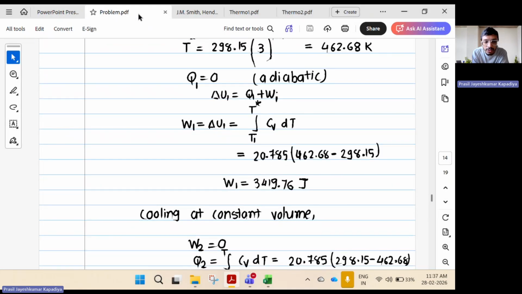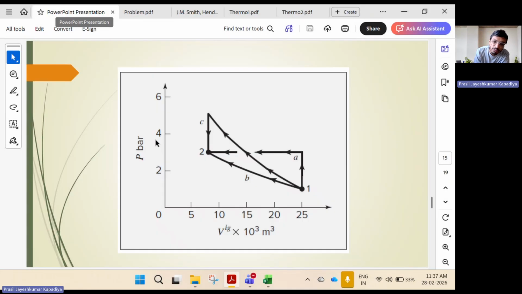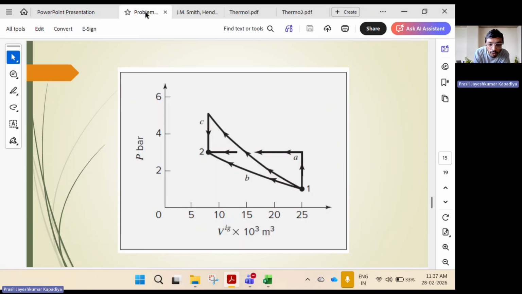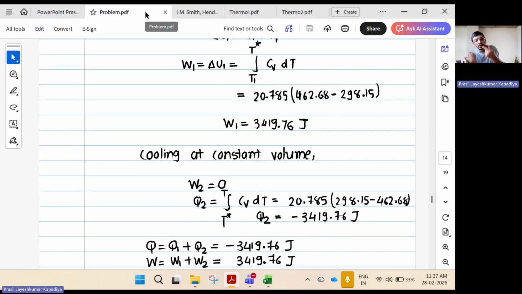Q1 equal to 0. Now we will follow cooling at constant volume. For cooling at constant volume, as it is constant volume, W2 is equal to 0. And when W2 is equal to 0, as we are dealing with constant volume, my Q will be equal to delta U, that is Cv dT.